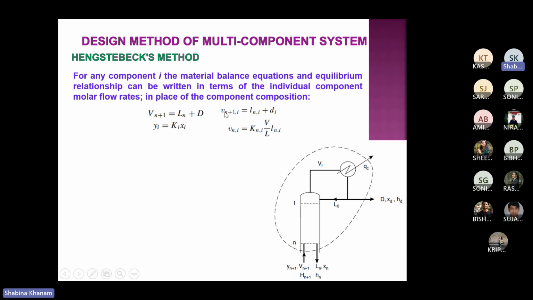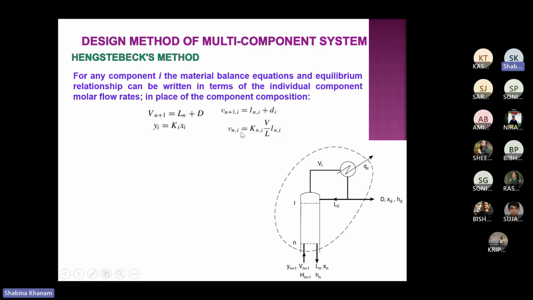Okay, so this Vn plus 1 i is the ith component molar flow in this stream. Similarly ln i plus di, this is only for the sake of having different components, to see different components individually. Similarly, this yi should be vni by capital V. That is only this fraction, right?